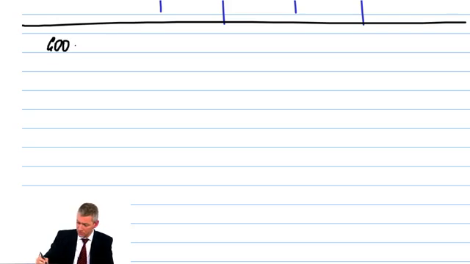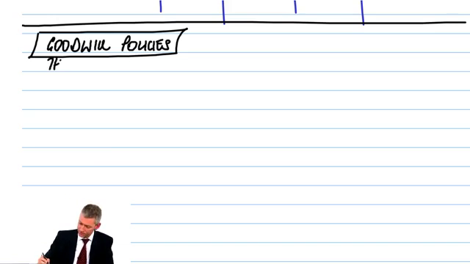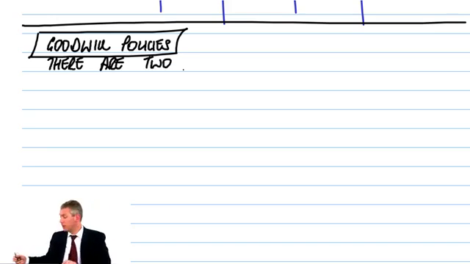Because there's two, you see. There are two, and they're called full and partial.